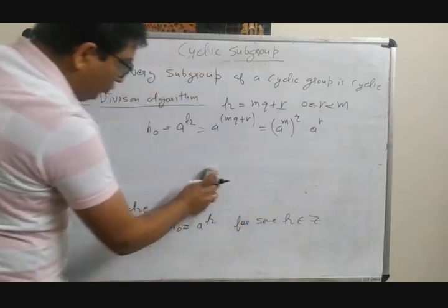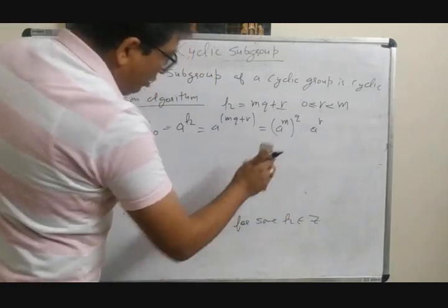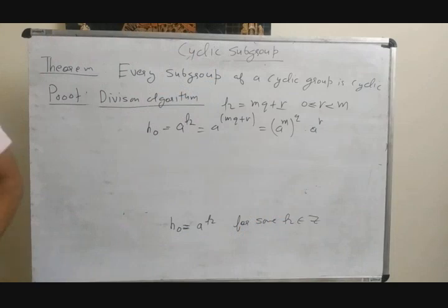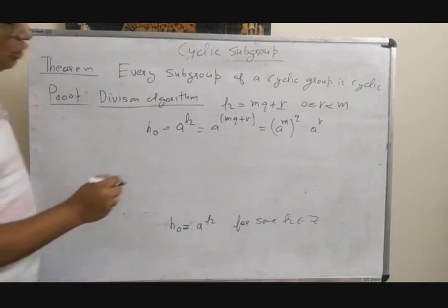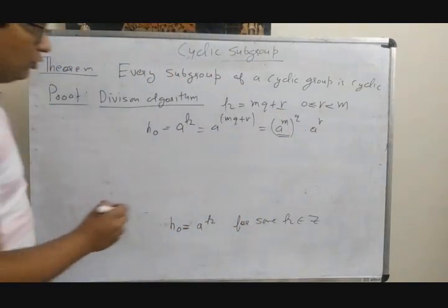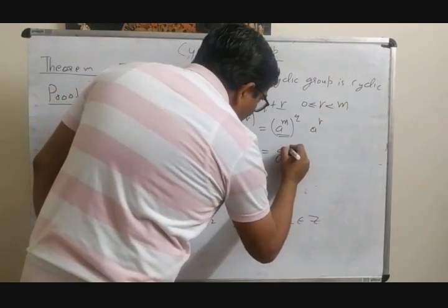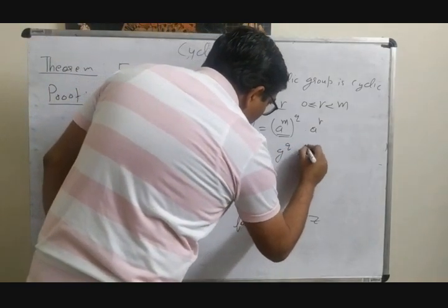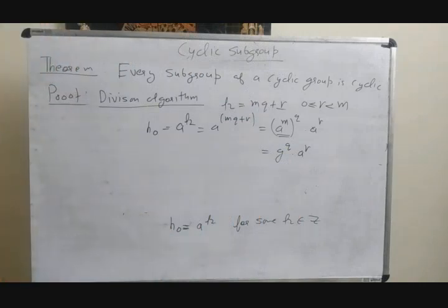Now what is a raised to power m, the whole raised to power q, times a raised to power r? This a raised to power m, we write as g. So it is g raised to power q into a raised to power r.